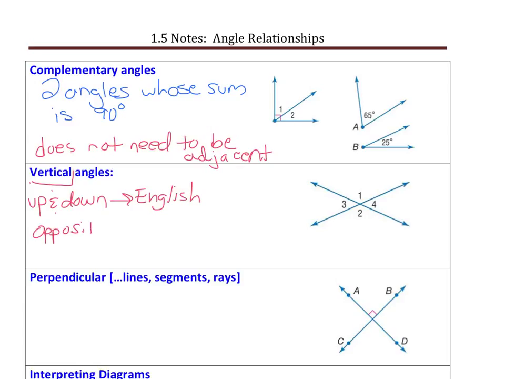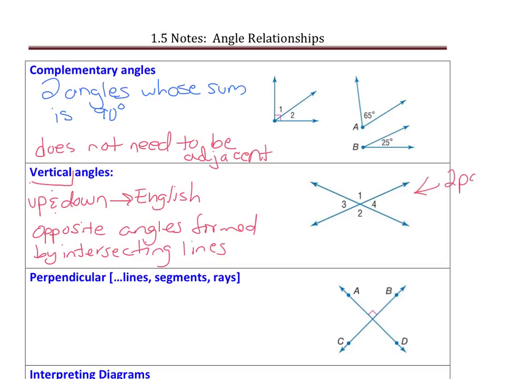So opposite angles formed by intersecting lines. And if you look at the diagram over to the right, you can see that there's two pairs here. Two pairs of vertical angles formed by two lines intersecting.